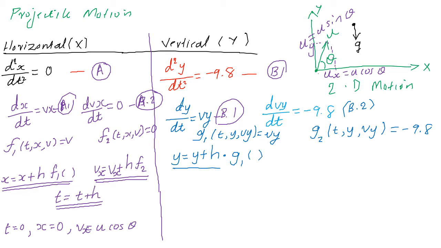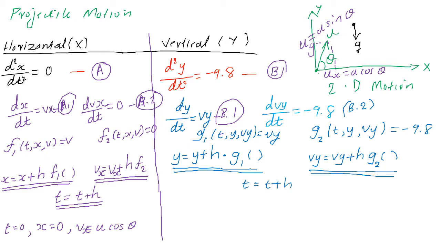So this will give the new position of the body of the projectile, and we must calculate the new velocities. Vy equals previous value of vy plus h into g2 of all the parameters. So this will give you the new velocities, and t equals t plus h is used to calculate the new time.